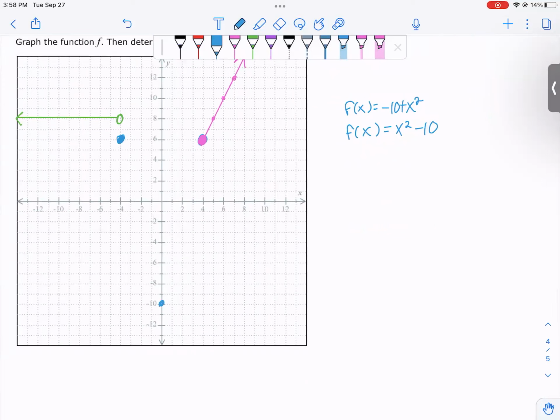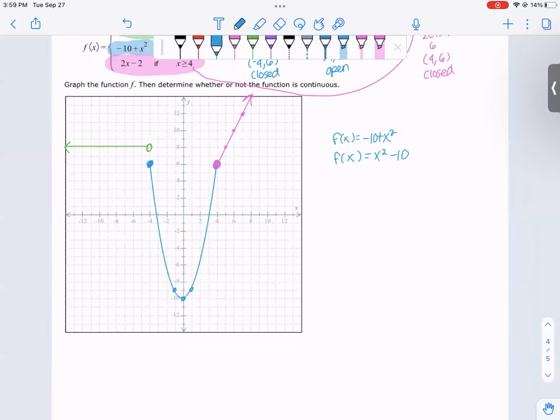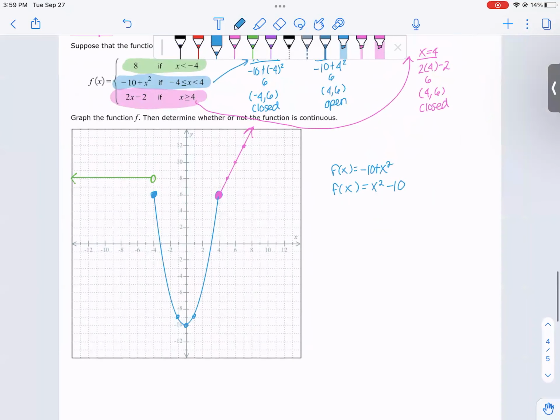Normally, x squared would have points at -1, 1, 0, 0, and 1, 1. But all of these points get shifted down 10 units. Then we're just making a parabola shape, and it looks like that. And that's our graph. That's the whole thing.